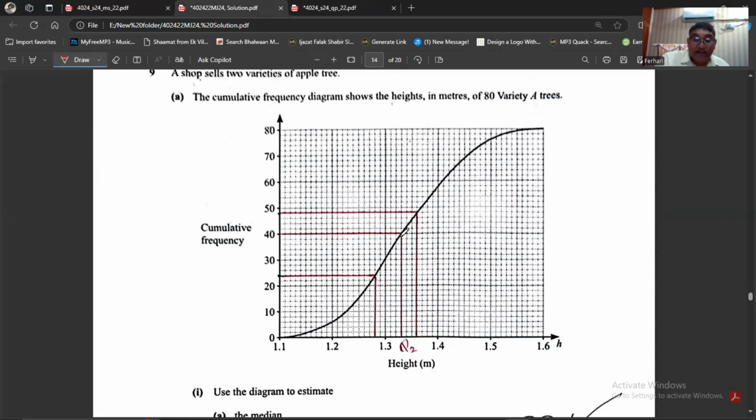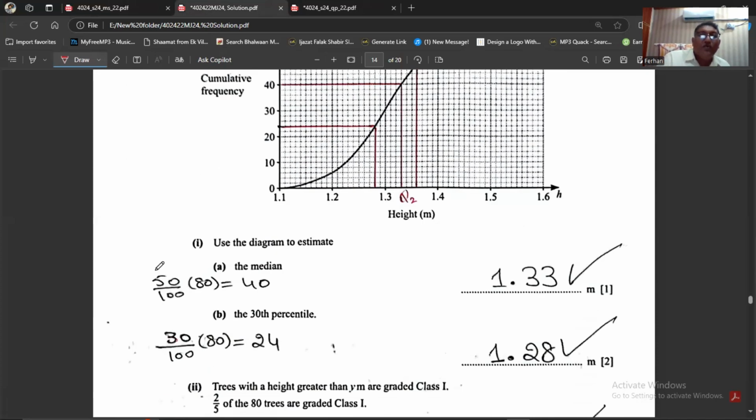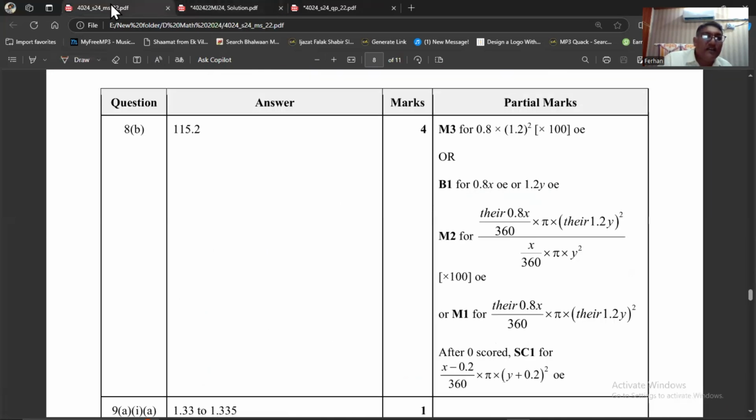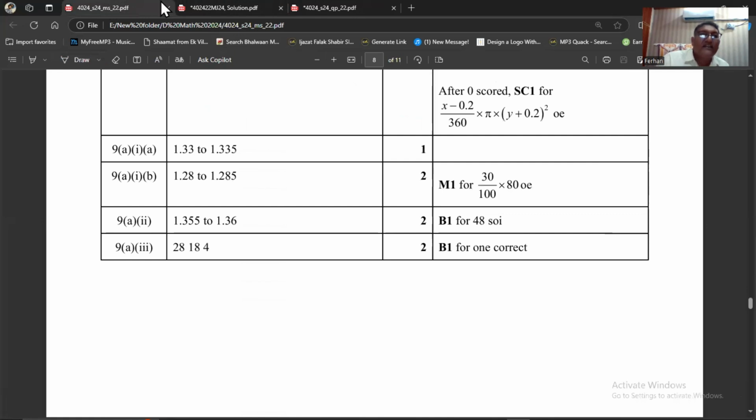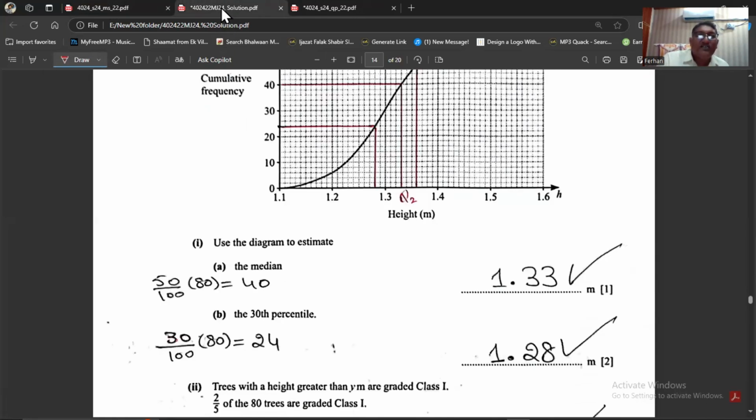When you intersect it, just check the x value, and that is your median. So it is approximately 1.33 meter, that's the median. Hopefully you understand 1.33 is the right answer, sir. This is how this is done.